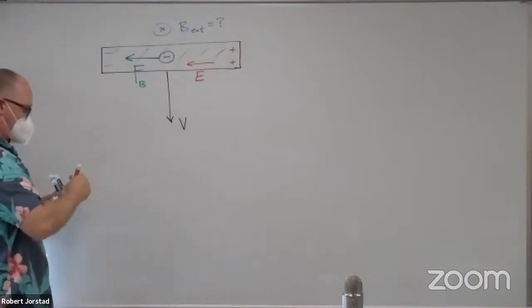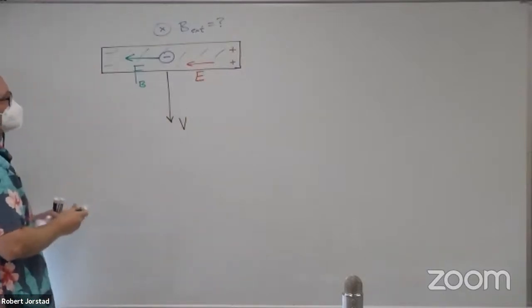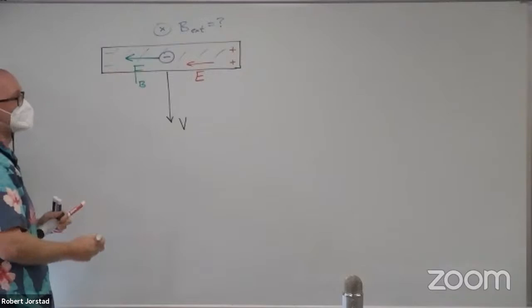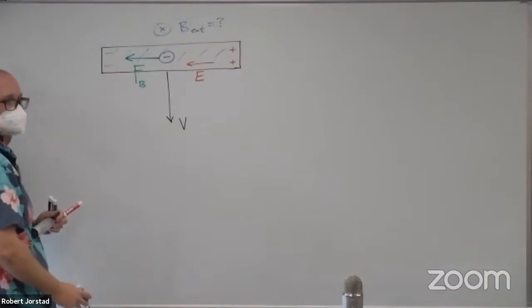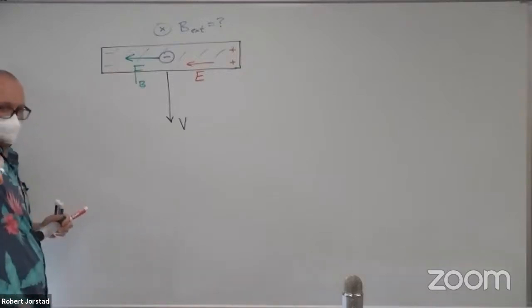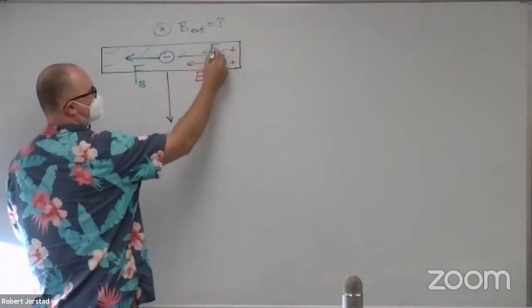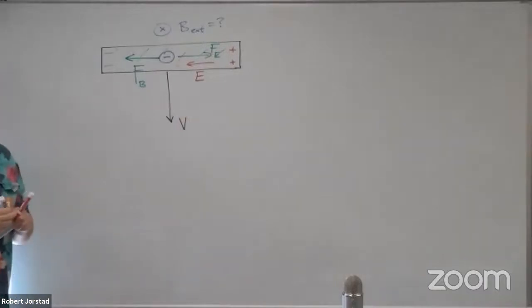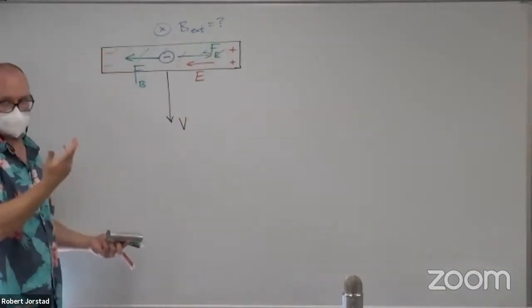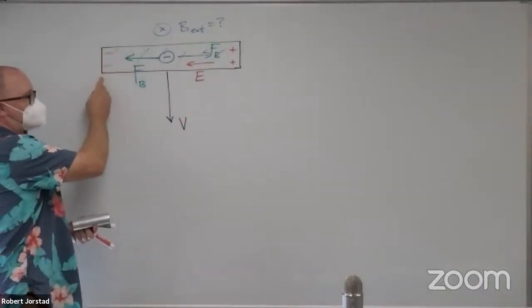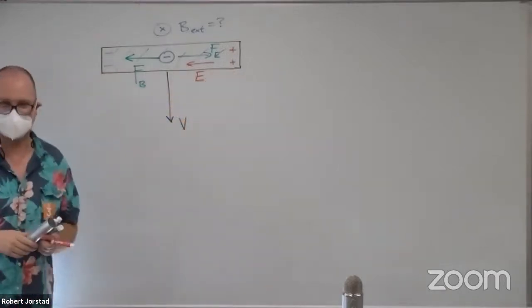So what direction is the electric force on the electron? Yeah, opposite. Remember, the force on a negative charge is opposite. So at some point, after I drop this, it's going to reach equilibrium, and there's going to be minuses here and pluses here. So far, so good?